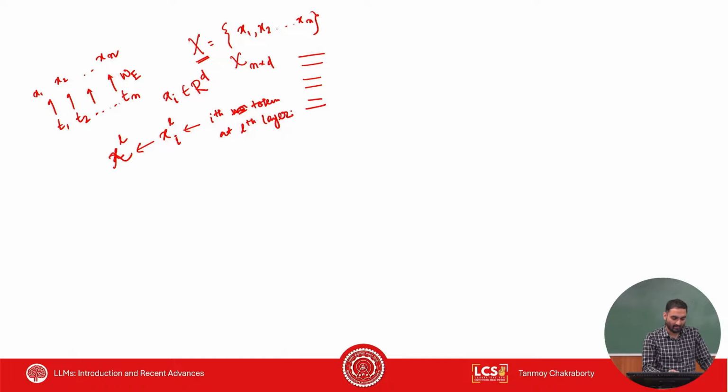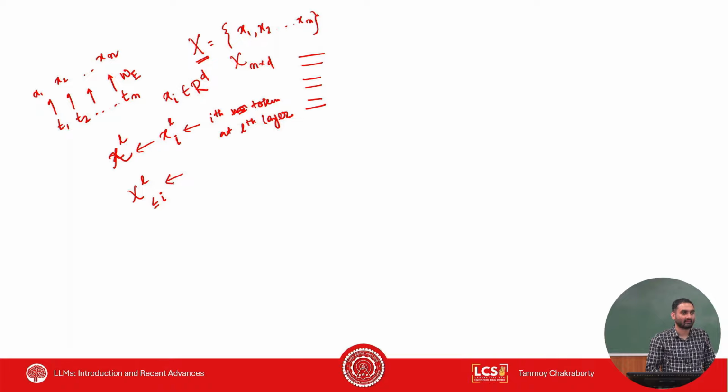Okay. And remember, when we compute the masked attention at the ith position, I will only consider those tokens which appear before i, right? So x^l sub less than or equal to i, what is this?